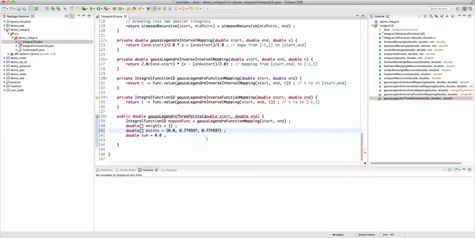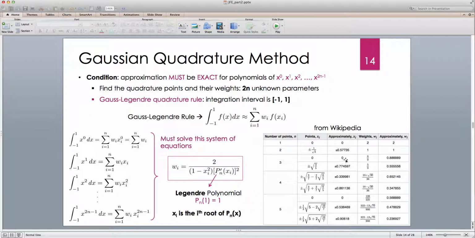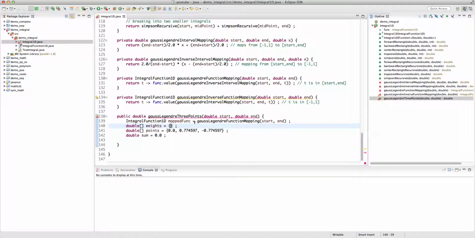So these are my points, and then the weights are 8 over 9 for 0, and 5 over 9 for the others.